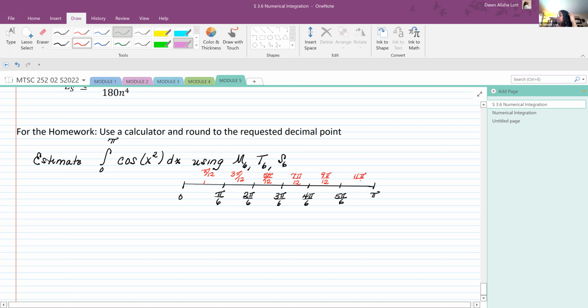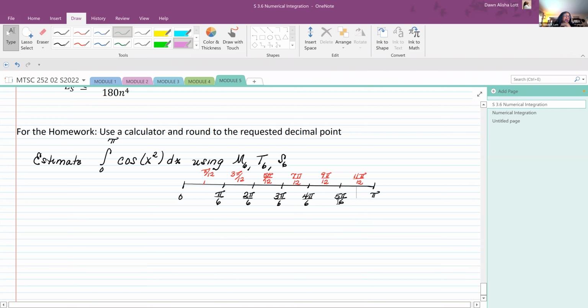Okay, so the red ones you're going to need to use for the midpoint rule, and then the black ones you'll use for the trapezoidal rule and Simpson's rule. And you will compute each one, and then you will do the decimal equivalent at the end.